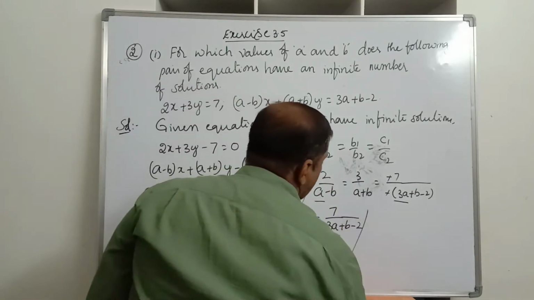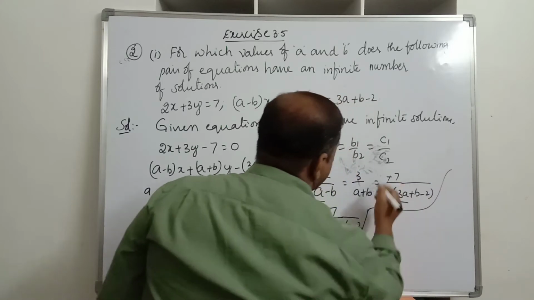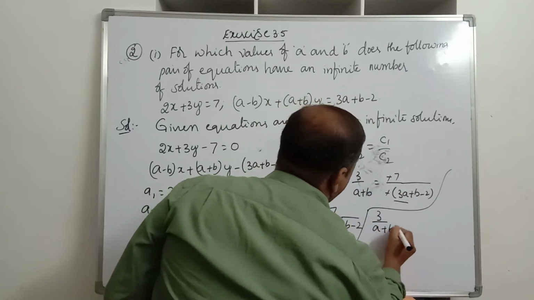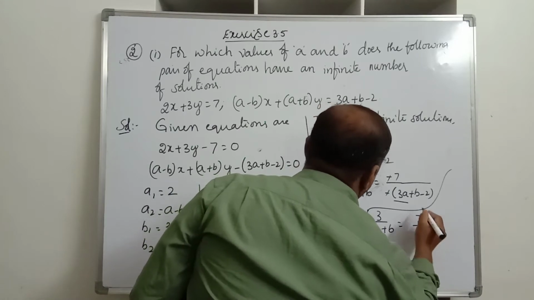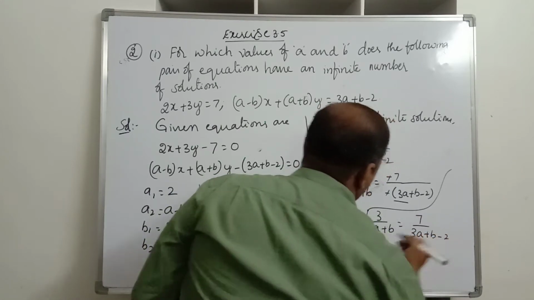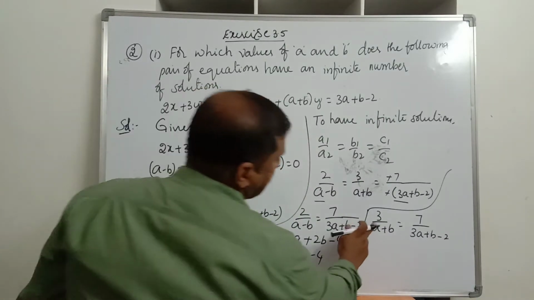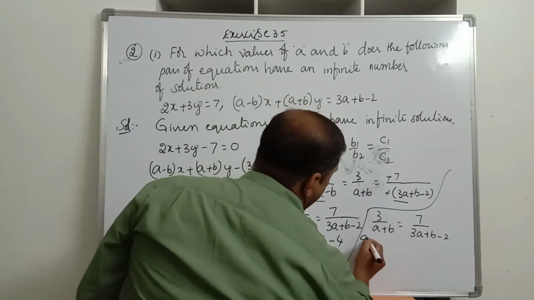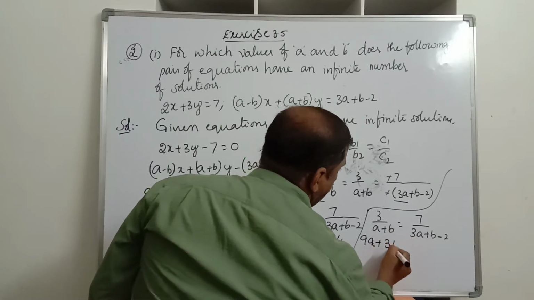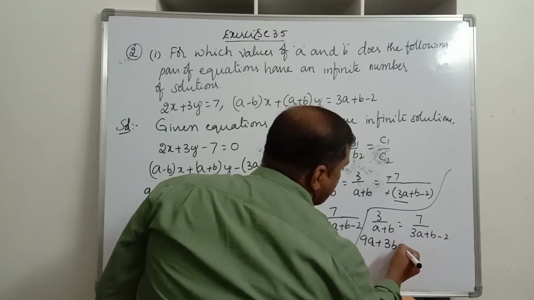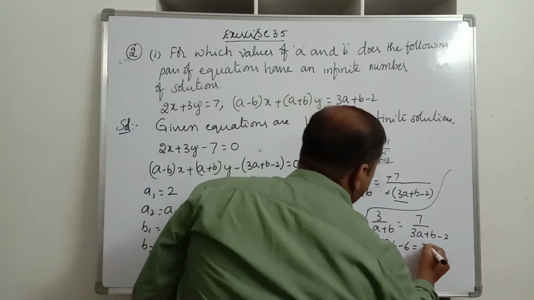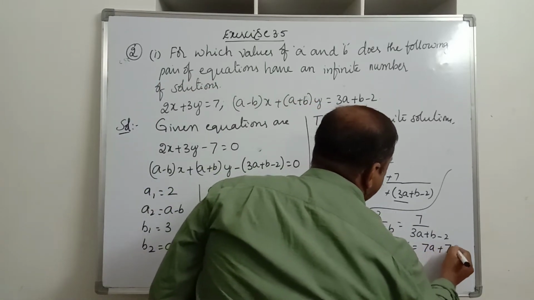Similarly, take the other pair of conditions, that is 3 divided by a plus b is equal to 7 divided by 3a plus b minus 2. Now by cross multiplication, 3 into 3a is 9a, plus 3 into b is 3b, minus 3 into 2 is 6, that is equal to 7 into a, 7a, plus 7b.